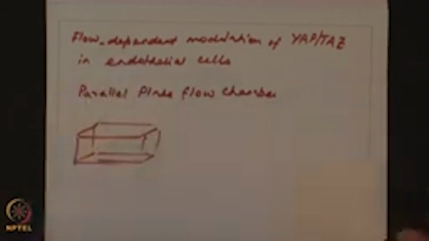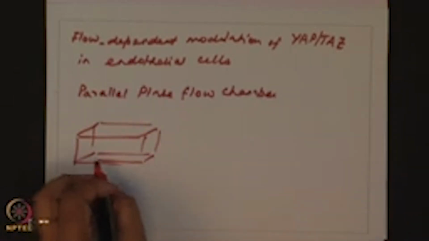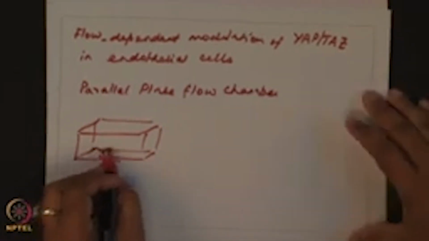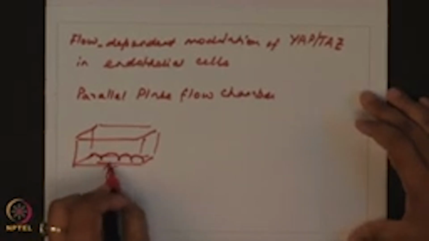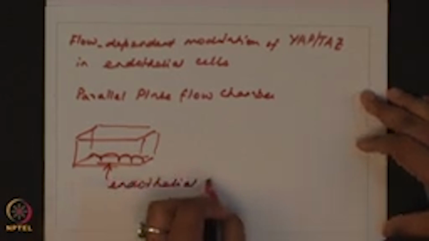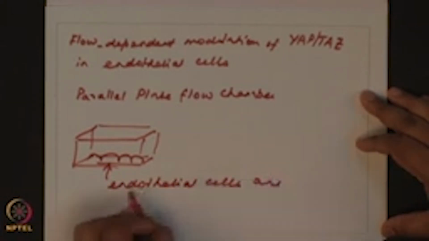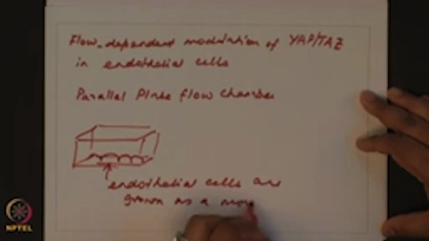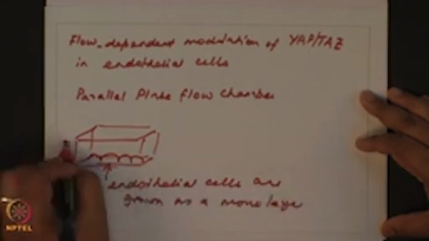If you look at the base, you have endothelial cells grown as a monolayer. And then you have flow.